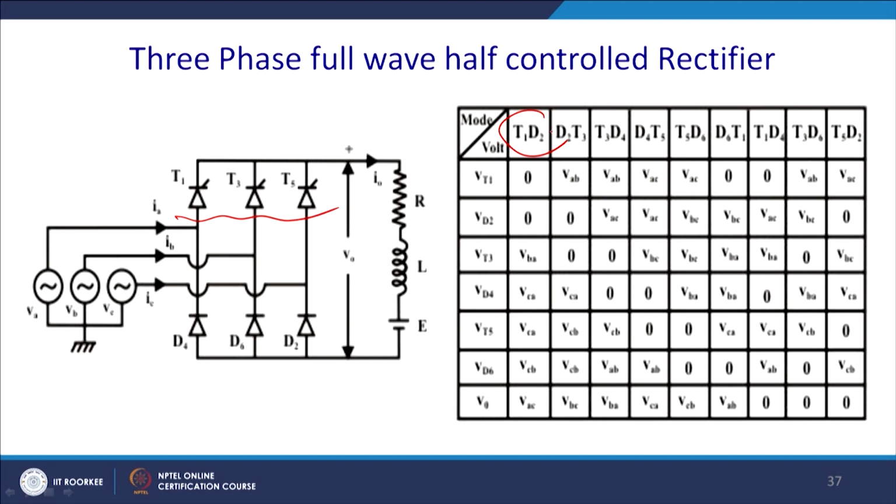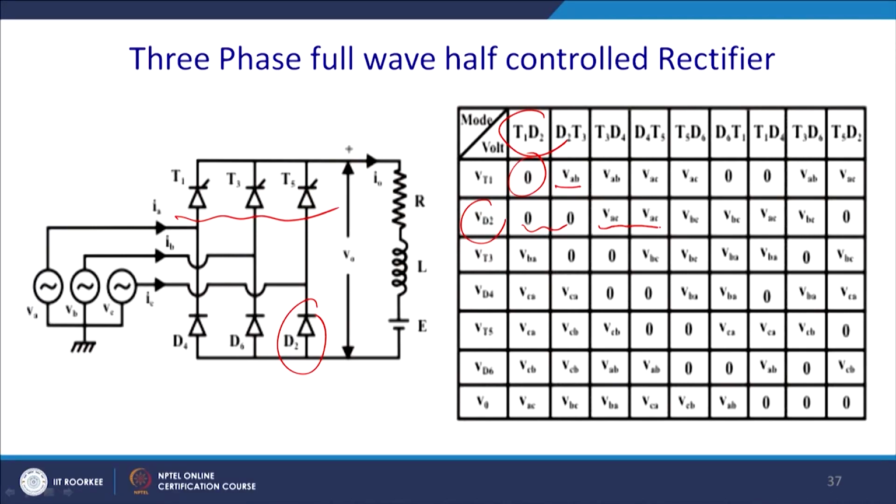When T1 and D1 are conducting, the voltage across thyristor 1 is 0 and it will continue till 60 degree, thereafter it will be blocking the voltage VAB. These are the voltages it will be blocking throughout. Similarly, when D2 is conducting with T1, it will conduct for a period of 120 degree, from 30 degree to 150 degree, thereafter other voltages will follow like that.